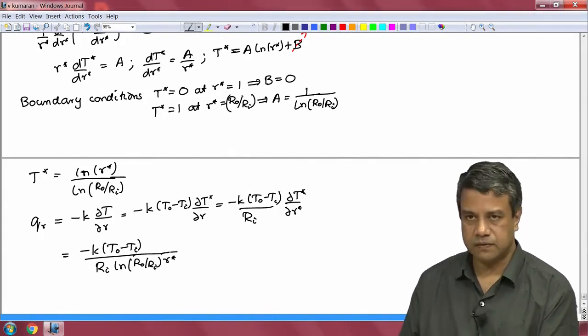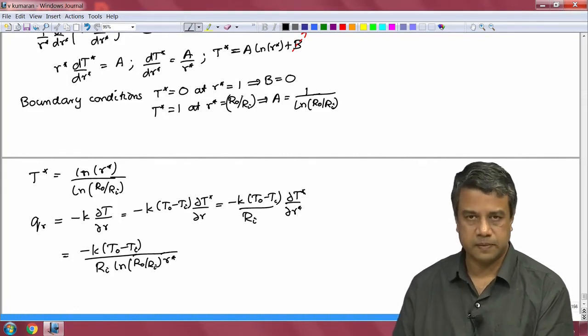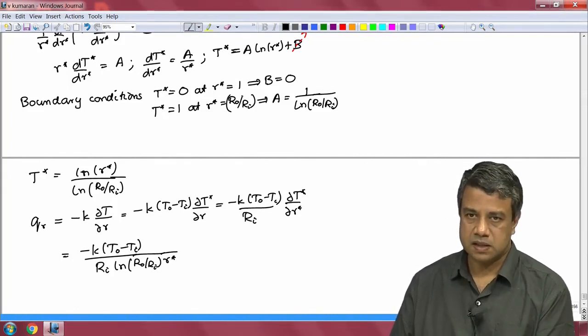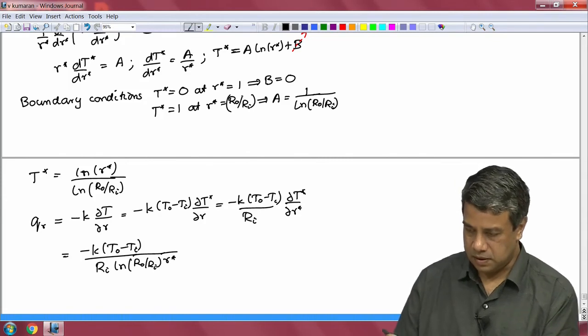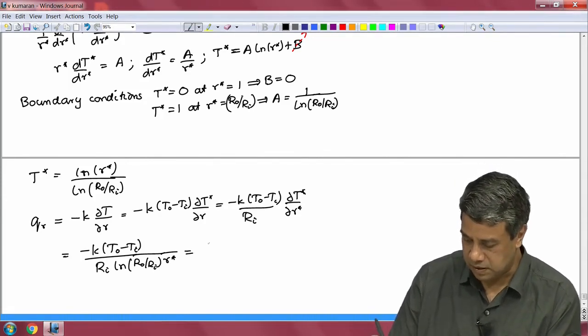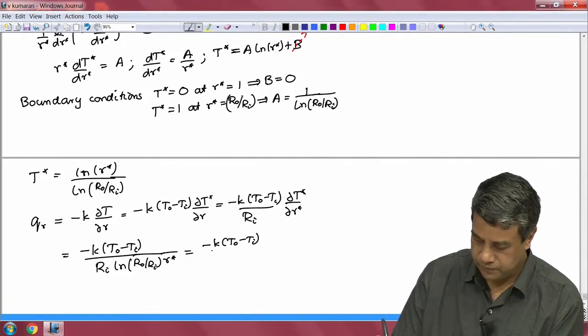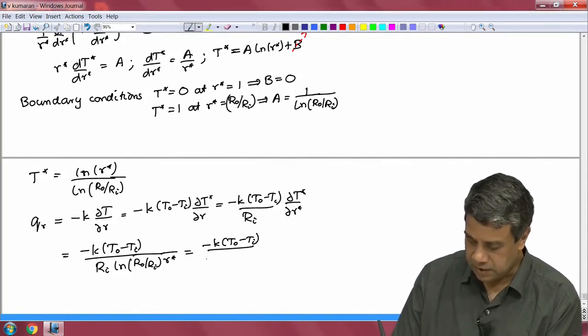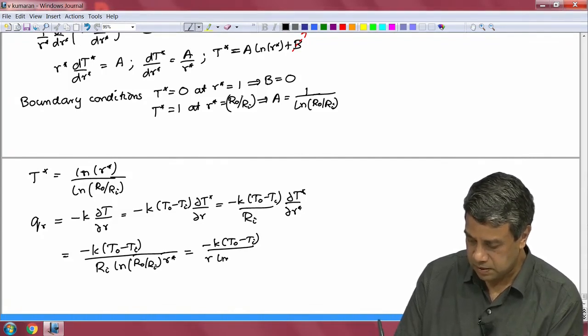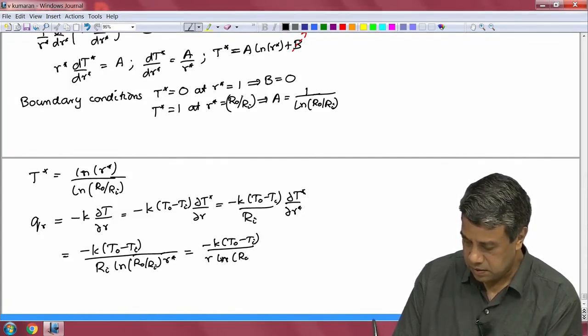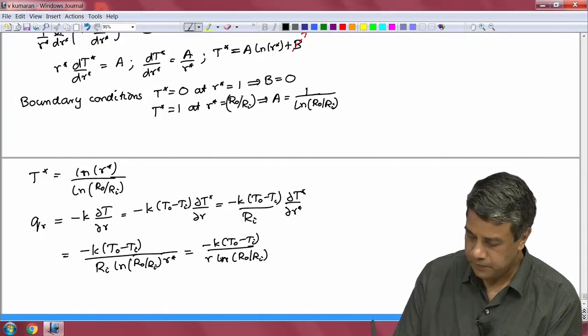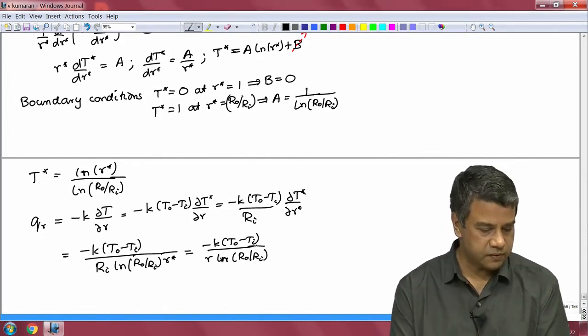The derivative of log r with respect to r is 1 over r, and r star is equal to r by Ri, the ratio of the radius and the inner radius. Therefore, r star times Ri is just equal to r times log. So, this is the solution for the heat flux.